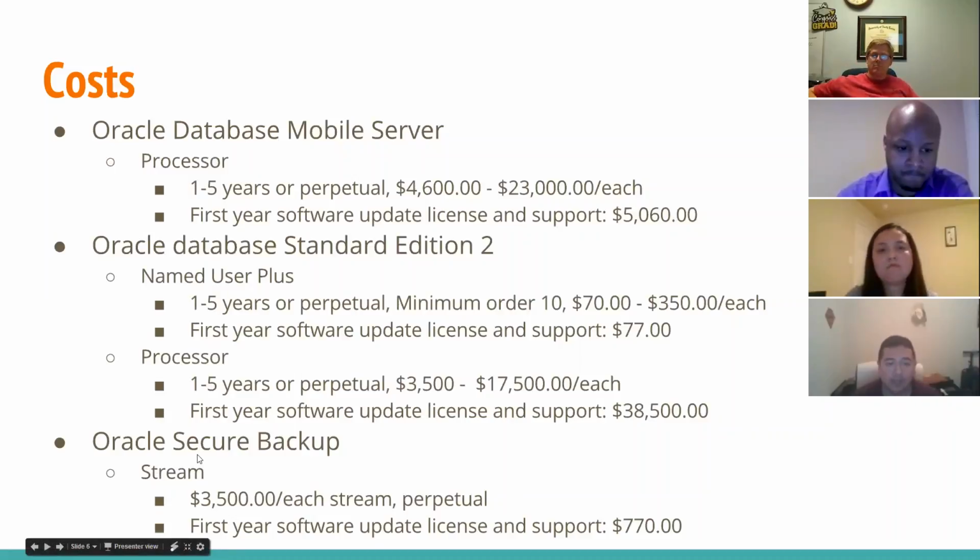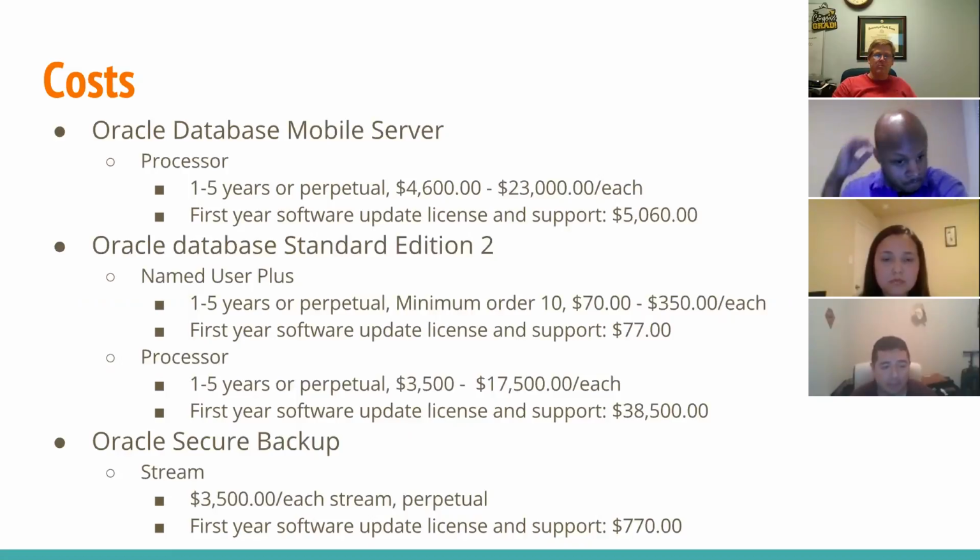And the software update license and support is at a cost of $5,060. Oracle Database Standard Edition 2, minimum order of 10 would cost at about $70 to $350 each, and update license and support is at $77.